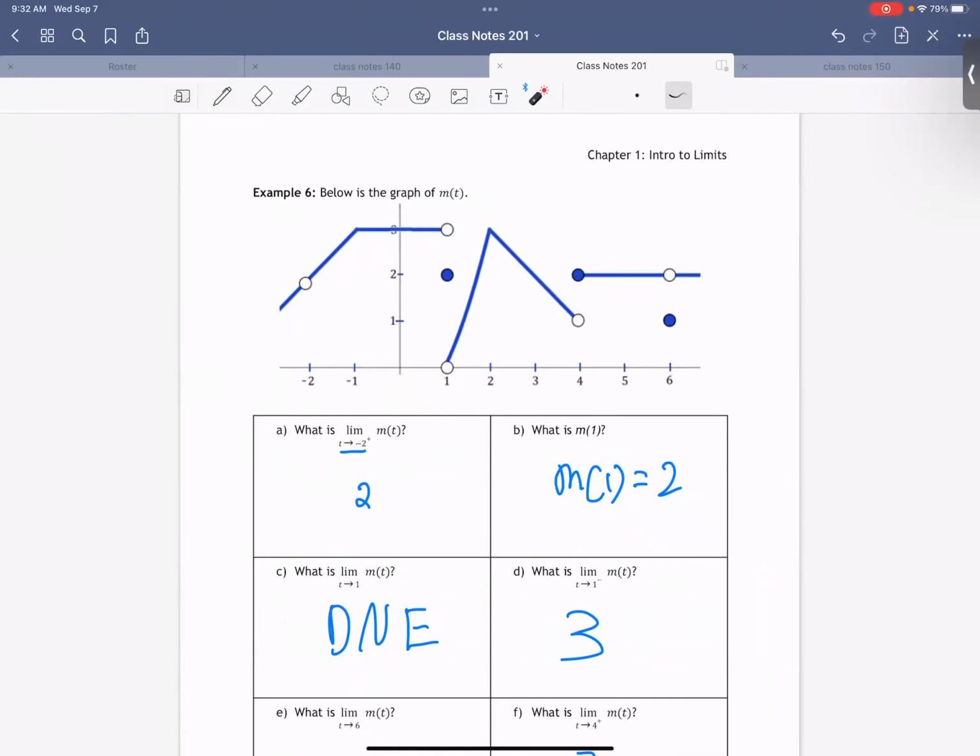This is an example. We have 1 over x squared. We know what that graph looks like. It's the graph that has these asymptotes. In particular, we have the y-axis as a vertical asymptote, right? So we call this a vertical asymptote.